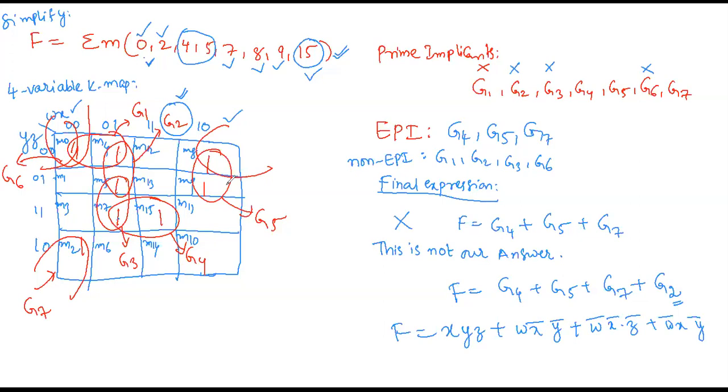Our answer is the set of essential prime implicants, and that answer should satisfy the condition of covering all minterms in the given Boolean function. Otherwise, this is not our answer. We have to pick one non-essential prime implicant to cover the other minterms in the given Boolean function. If you have any doubt, ask me. Otherwise, we will go to the next one.